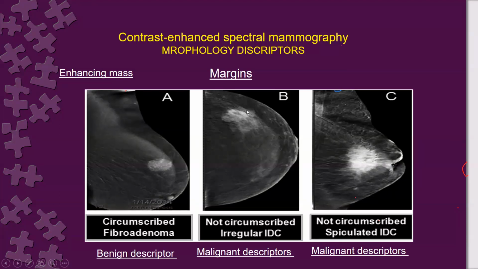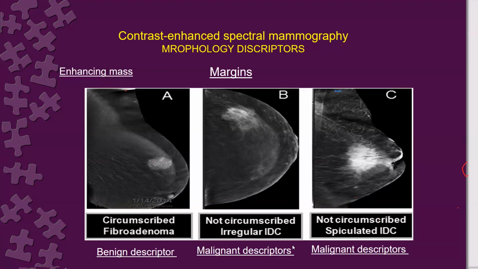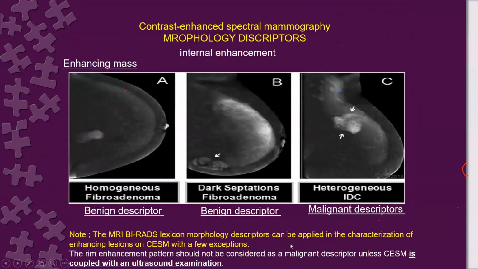If it is microlobulated, angulated or whatever, we just say irregular. Is it clear? Either spiculated or irregular is non-circumscribed, and both are malignant descriptors. Going to internal enhancement characteristics, if it is homogeneous, it is generally benign with exceptions, and dark internal septation, characteristic of fibroadenoma, is also benign.